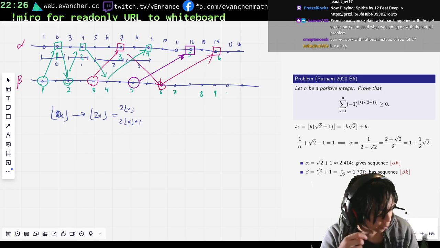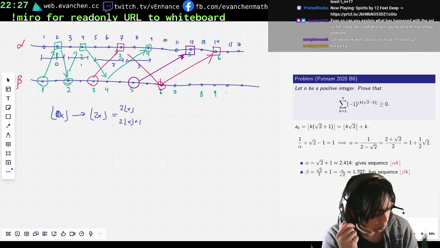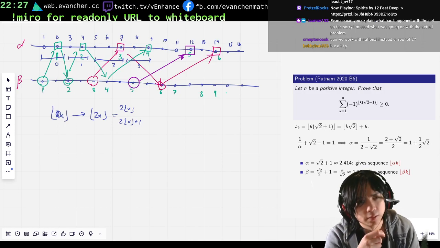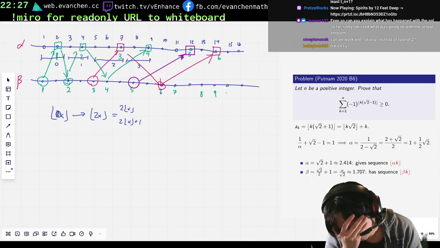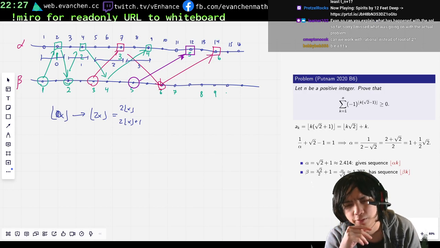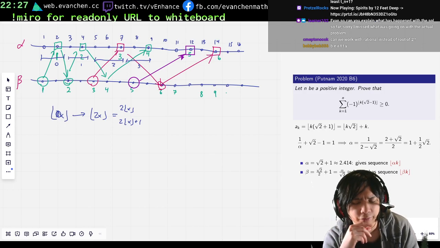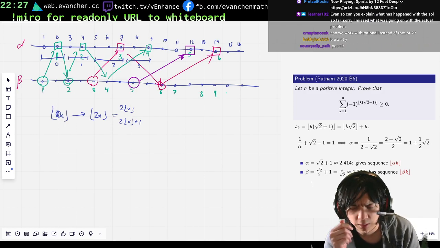Could I work with a rational instead of root 2? I feel like the problem would be completely different with a rational number. I don't see why knowing how to do the rational case helps. First of all, it's probably not true for a lot of rational numbers.